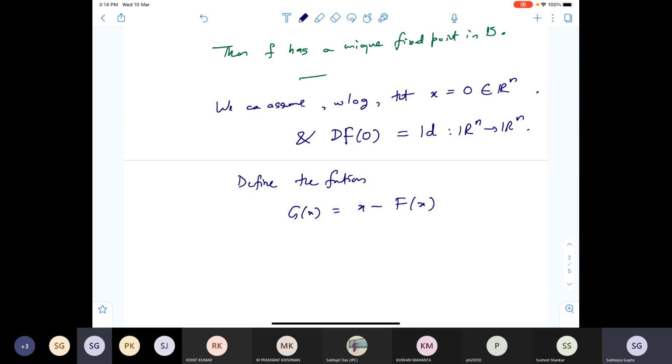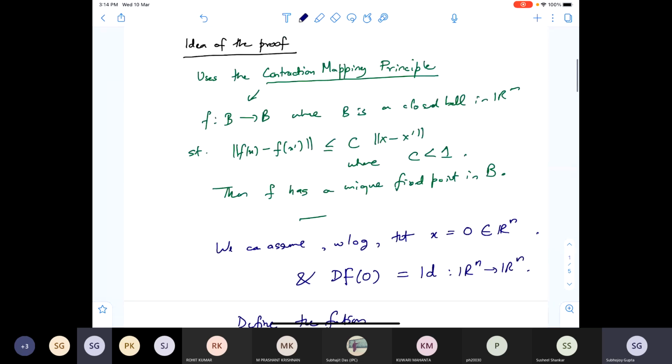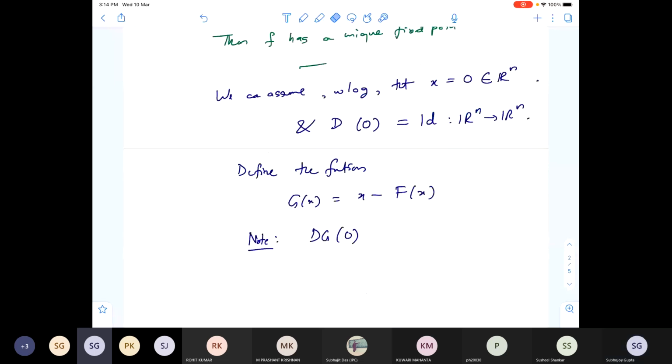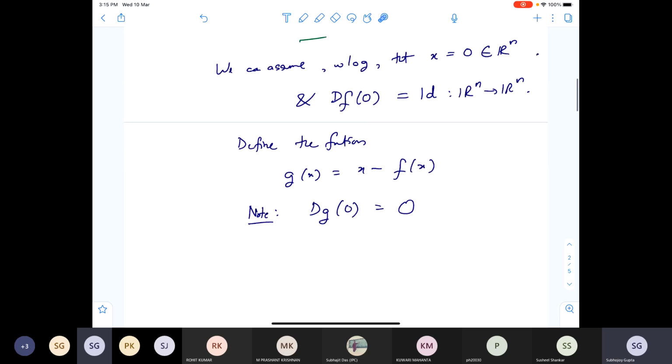I was using capital F, but let me call these little f and little g. Now the derivative of g at 0 is 0, because the derivative of f at 0 is the identity, and so is the derivative of this other map, the identity map.